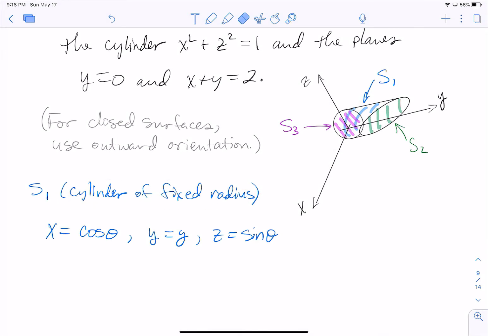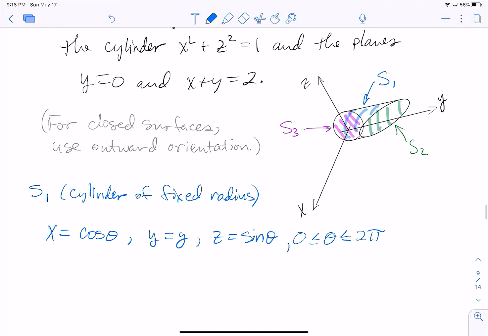Now, for this cylinder, we do need to think about limits of integration. Theta goes from 0 to 2 pi. Y goes from 0 to the angled face. The angled face has an equation x plus y is equal to 2. So y goes from 0 to 2 minus x.